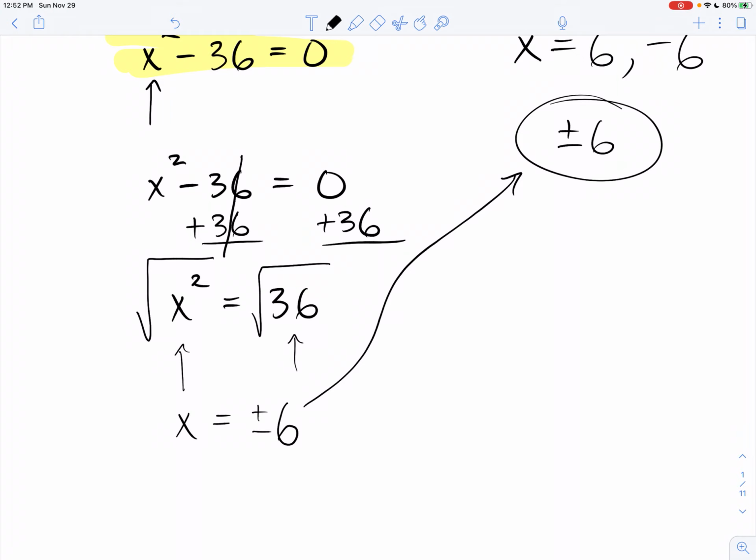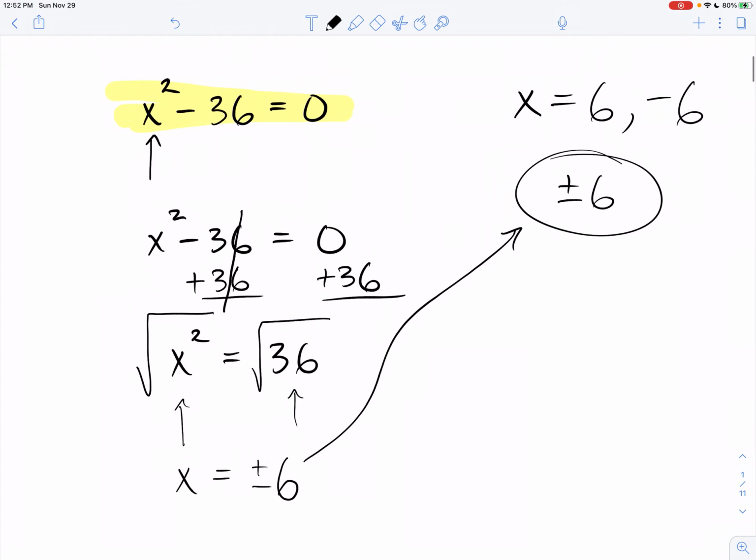Because when you're solving a quadratic, here's the big thing. A quadratic means it has a power of 2. And that power of 2 means there's two answers that'll make it true. Think about it. If I go back to the original and I plug 6 in right here, 6 squared is 36. Minus 36, it would equal 0.